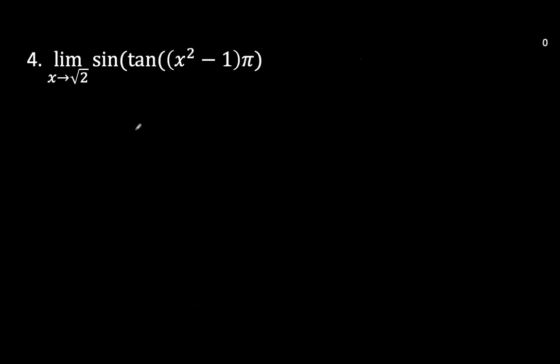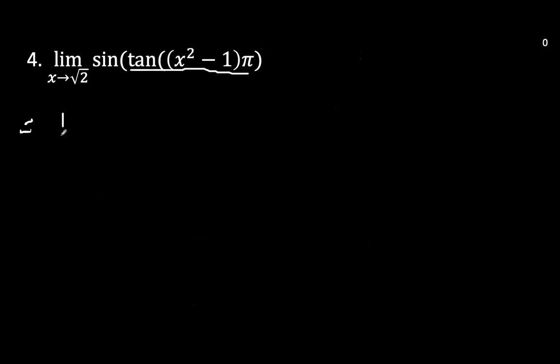So let's deal with problem number 4 and try to answer this on your own, and let's see if we'll get the same answer. Our x here approaches square root of 2. Now let's check if it satisfies the given condition in a given theorem number 2.